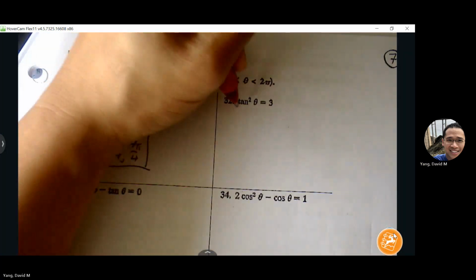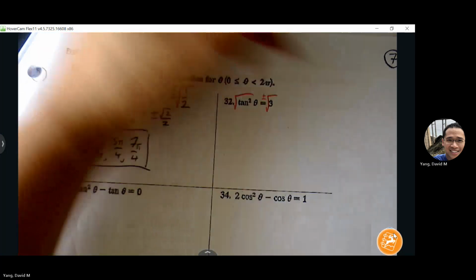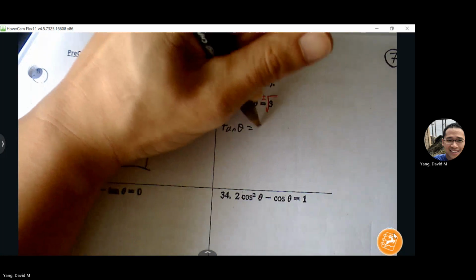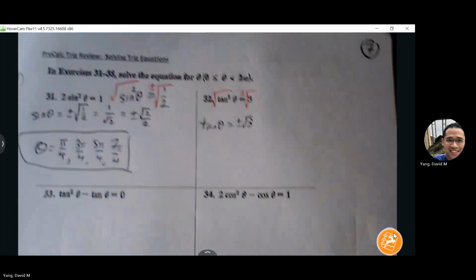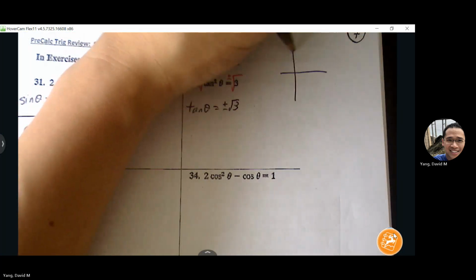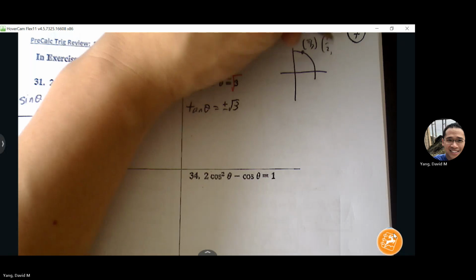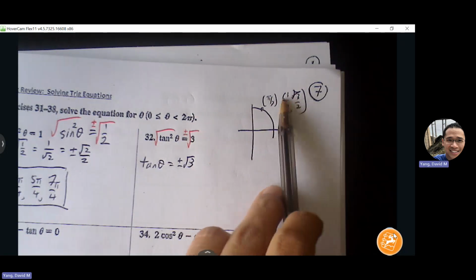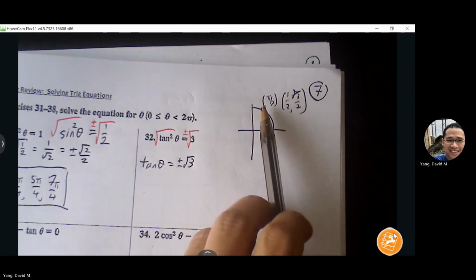Square root, right? Plus or minus. So again, all 4 quadrants. Where is tangent equal to root 3? Pi over 3, right? That pi over 3 family. Right, tangent is just sine over cosine, so root 3 over 1 would be that pi over 3 family.